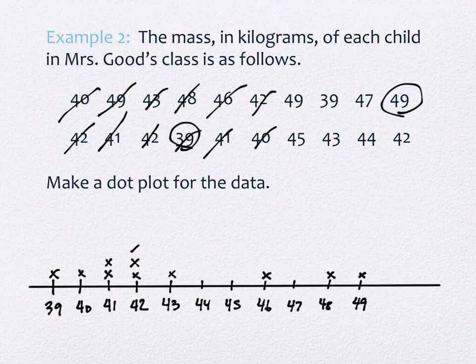So 42's now got 3 of them on there, and the 40 has 2. 49, 45. 49's double stacked now, and there's 45. 39, 43. 47, 44. And then 49, 42.